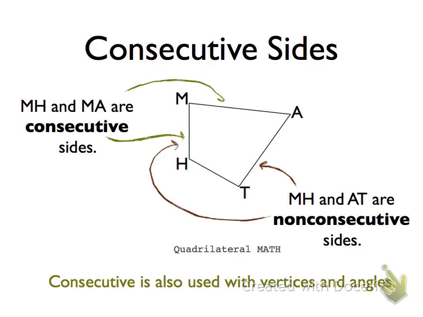Non-consecutive sides would be like MH and AT. They're opposites of each other, across from each other. They don't touch. Non-consecutive sides are sides that do not touch. Okay? Sometimes we can also use consecutive with vertices and angles as well. They'll talk about the angles being adjacent. That means the same thing as consecutive. All right?